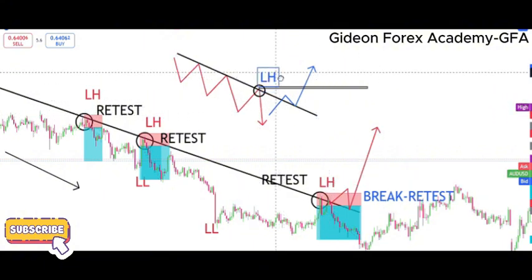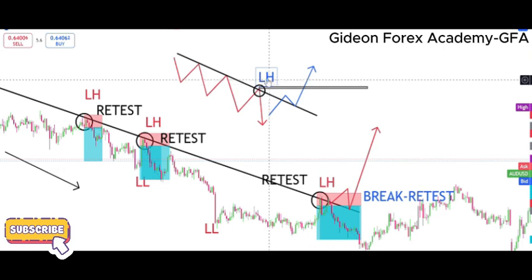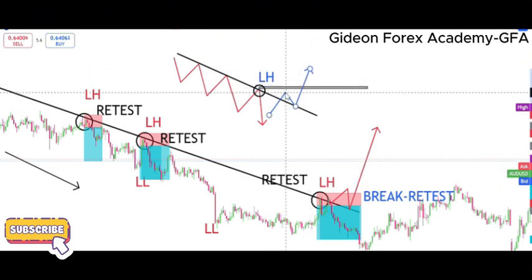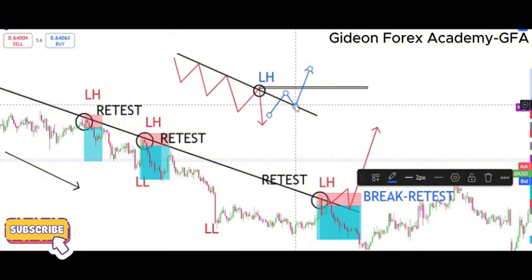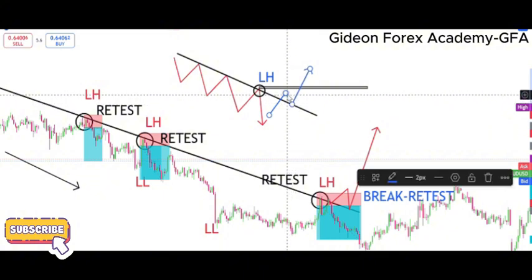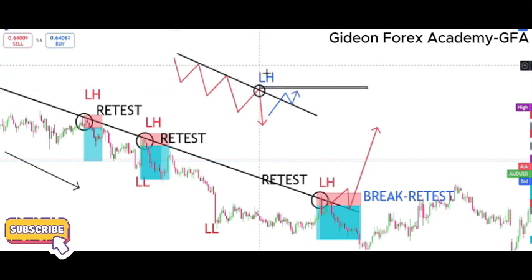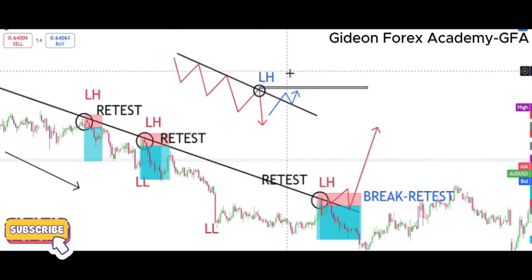Don't immediately buy at this point simply because there has been a break and retest. As long as the price has not broken above this lower high, do not buy. The price has to break above this lower high before you can actually buy.